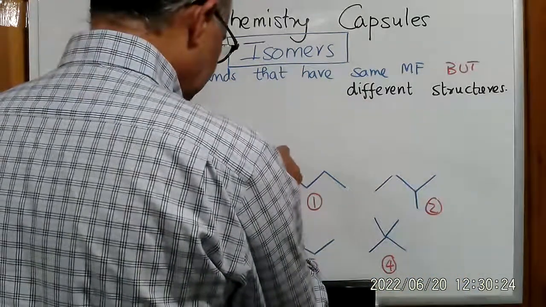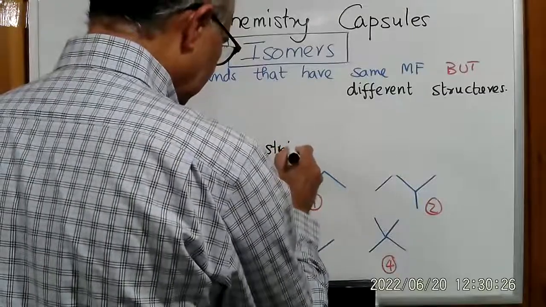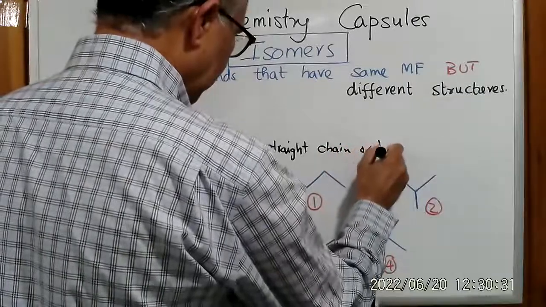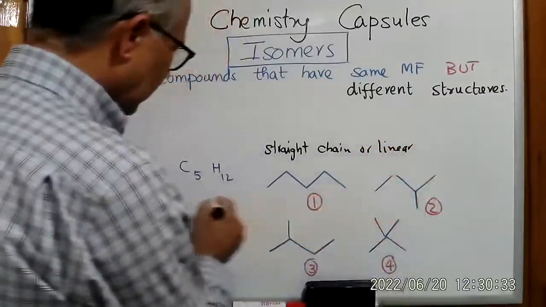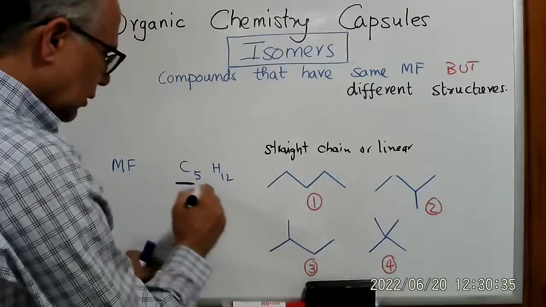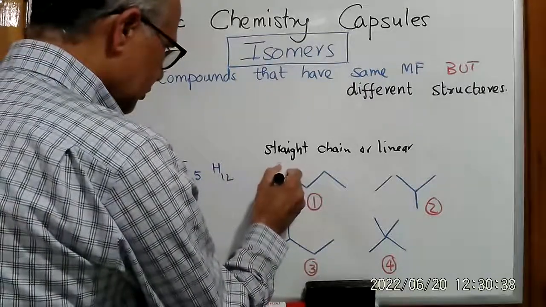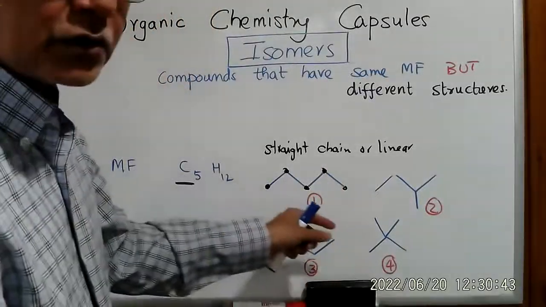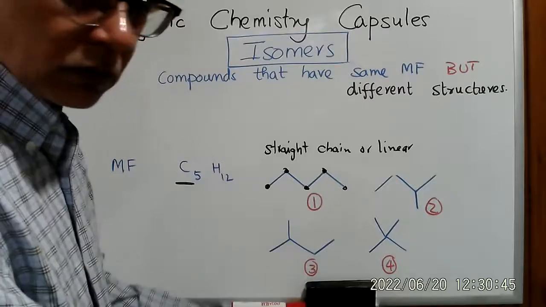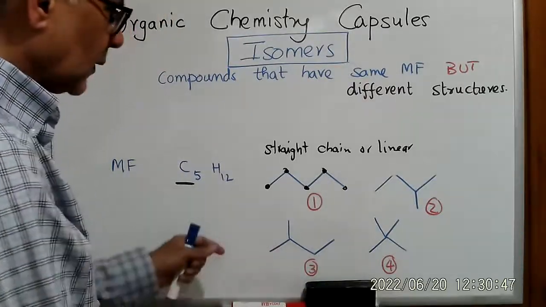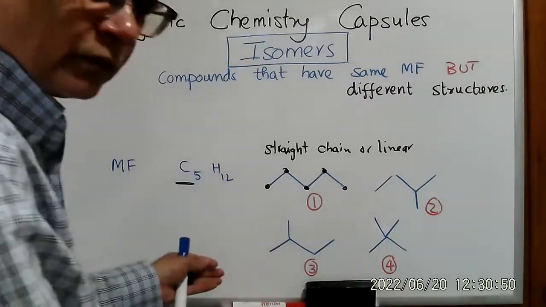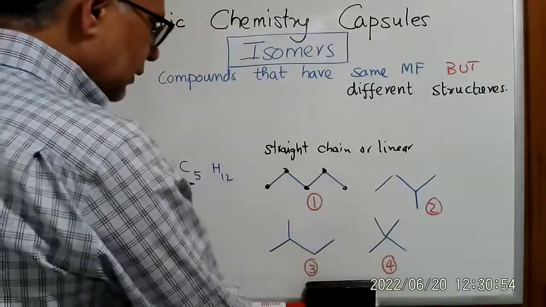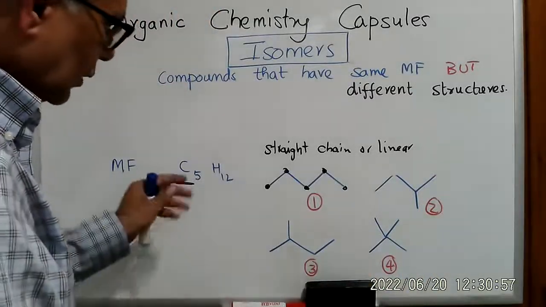So this is a straight chain, or linear, alkane having 5 carbons: carbon 1, 2, 3, 4, 5. You can count the hydrogens. There will be 12 hydrogens. I don't want to go into that because I have done that in the previous video. So C5H12 linear alkane.